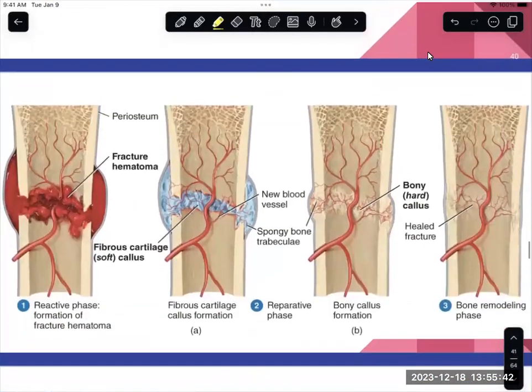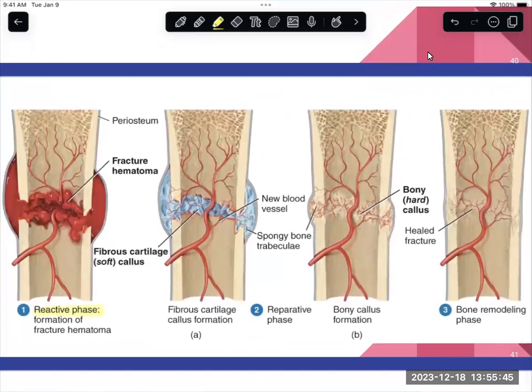I want pictures. So here's this reactive phase. We've got this nice break in this bone here. So any blood vessel that was in that area broke. This hematoma forms. That hematoma is going to turn into this callus, that cartilaginous callus. So cartilage comes in and builds first. Then we get this bony callus. We still have this enlarged area around this bone.